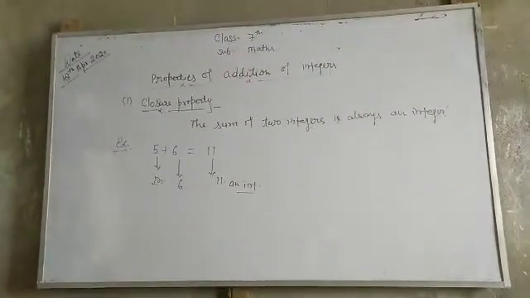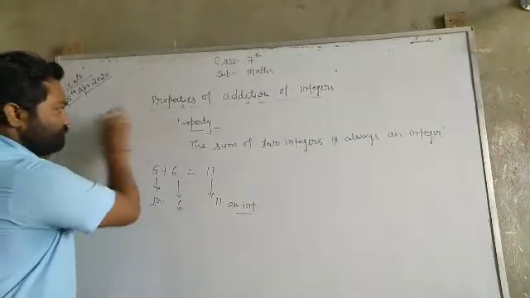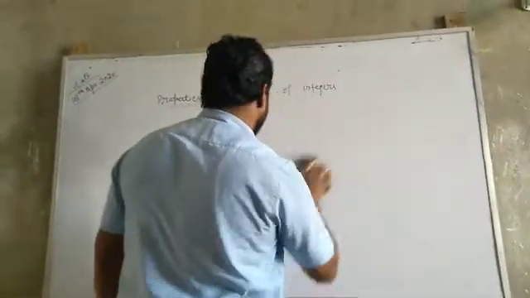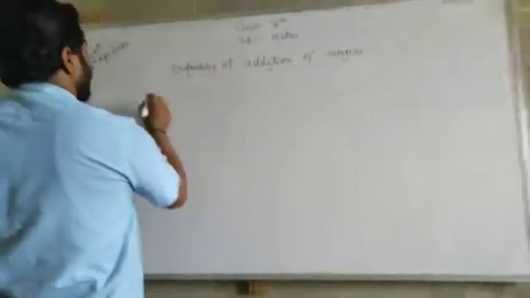Second, commutative law. The second property of the addition of integers is commutative law, the commutative property.